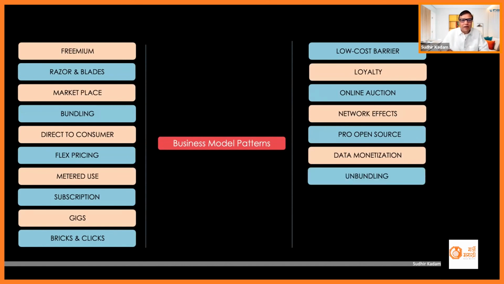Then there is unbundling. Just like the bundling that telecom operators do, there is also unbundling. There is a company called Free Mobile in France. They have disrupted the telecom market in France, and they say you can get a phone service for one euro, and you pay as you go on that service.